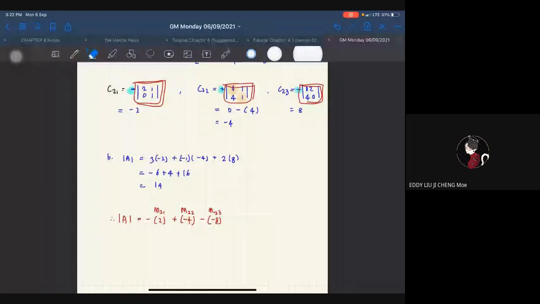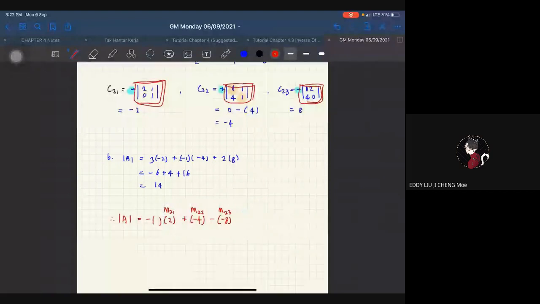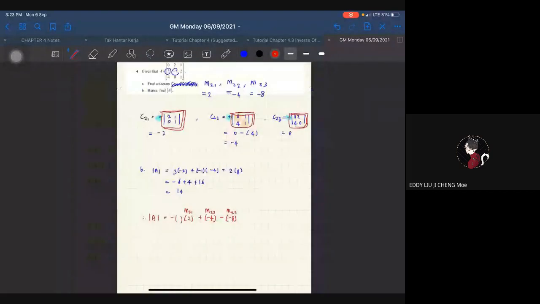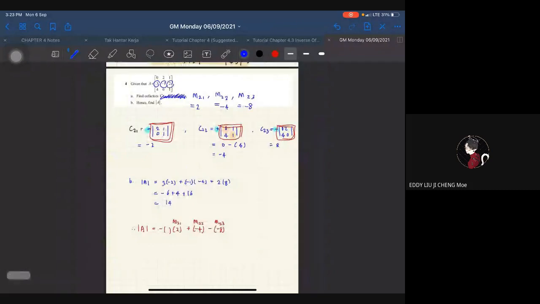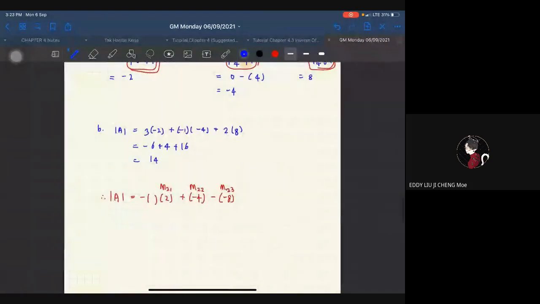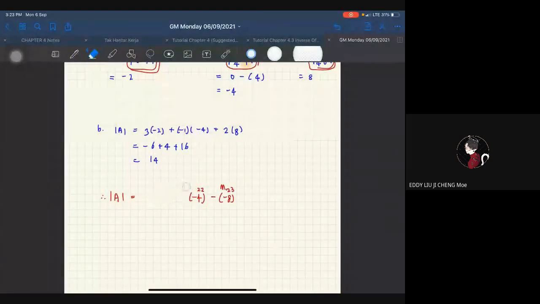Saya tertinggal, sorry. Okay, so kita kena darabkan dia dengan something. So the minus plus sign tu dah betul. Okay, so yang tu memang kena ada. And in addition to that, you need to also put the element that you have over here. So 3, -1 dengan 2.